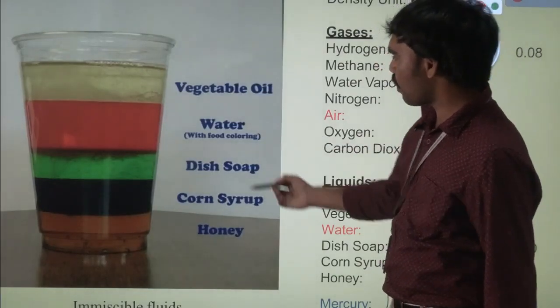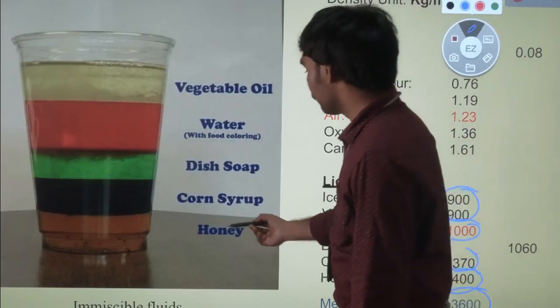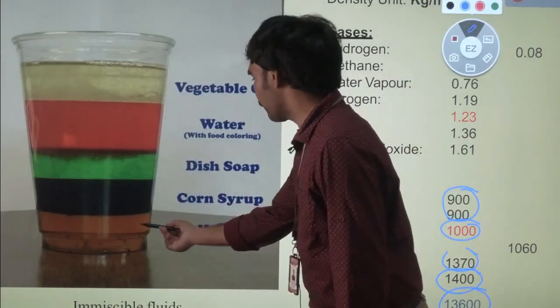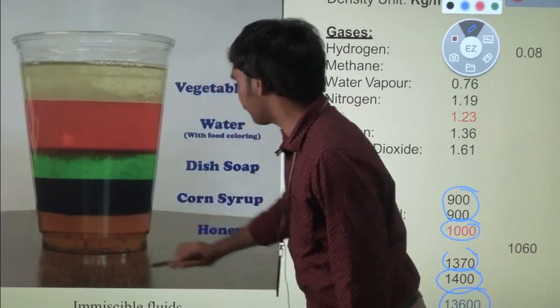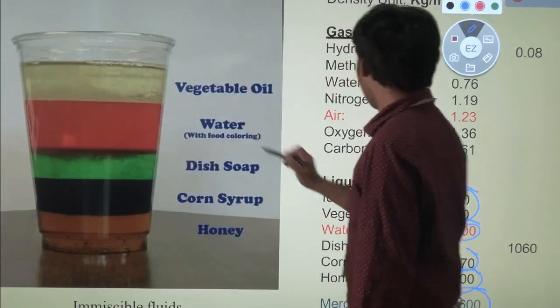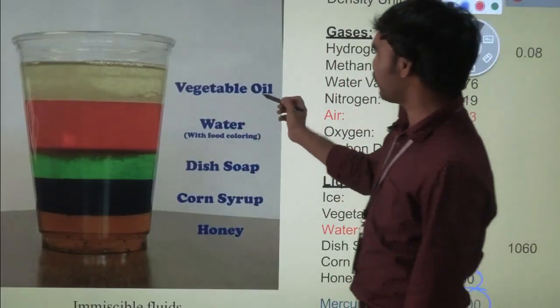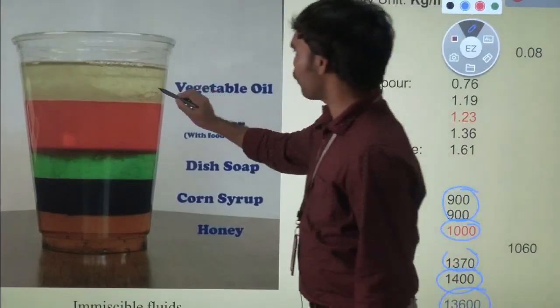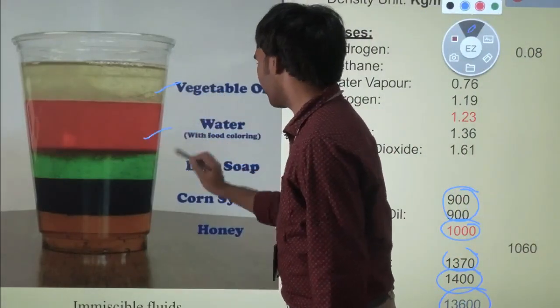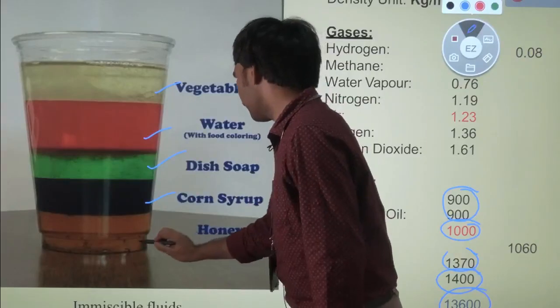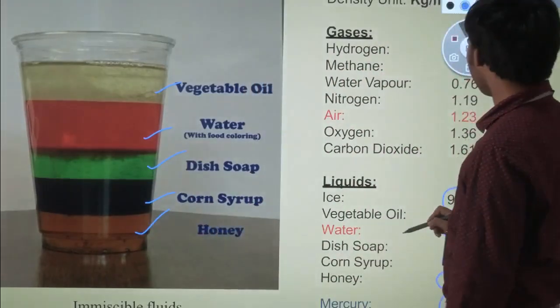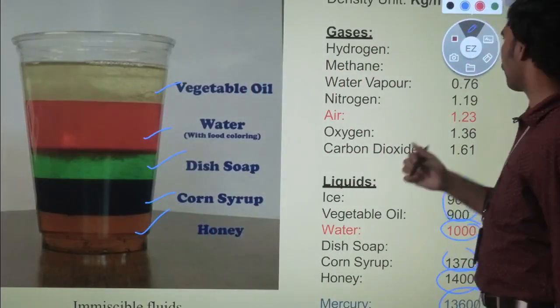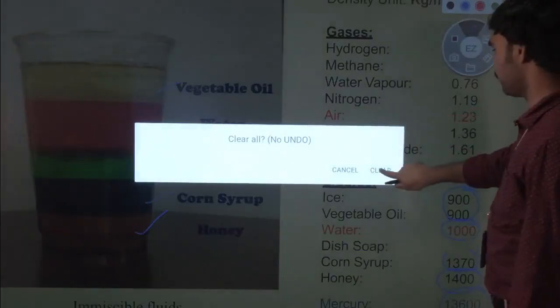If you pour all the fluids into one container, the one with higher density, honey, settles at the bottom, and vegetable oil has the least density of all the materials, so it will float on the surface. Based on the density, they will occupy positions like vegetable oil, water, dish soap, corn syrup and honey. Anyway, we will discuss these properties in detail in the coming chapters.